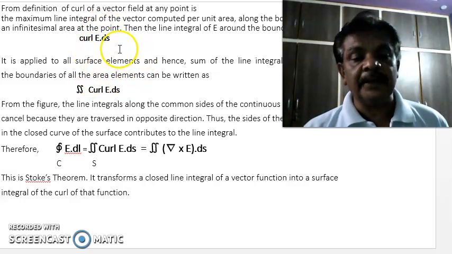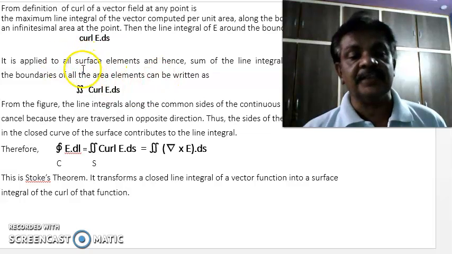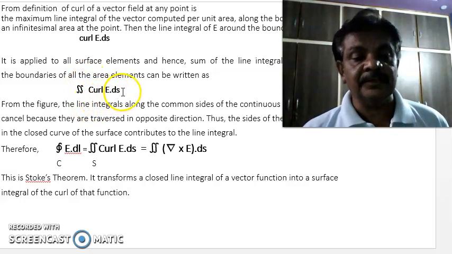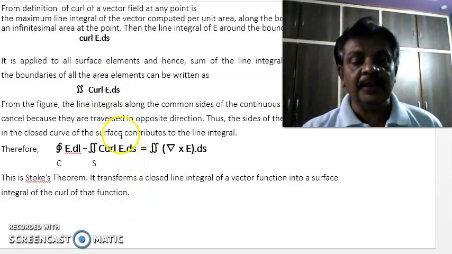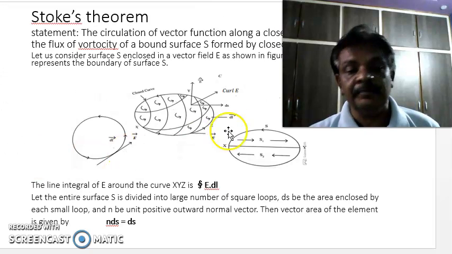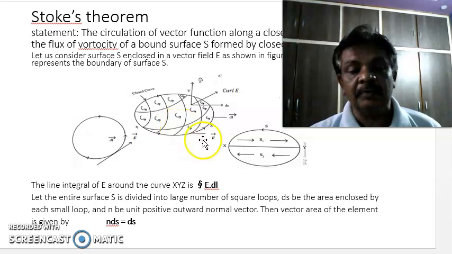If it is applied to the total surface S, then you can write the surface integral of curl E bar dot ds bar. Now from the diagram, suppose this total curve is divided into two curves, C1 and C2.